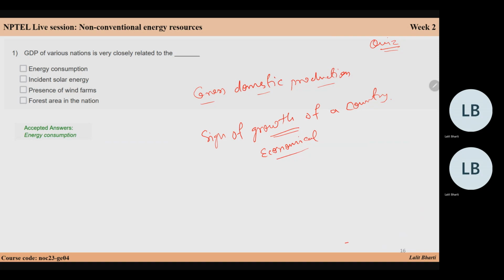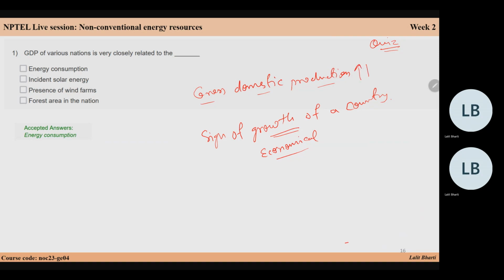So here we'll see. The more a country develops and the more the GDP grows, the production of the country increases.